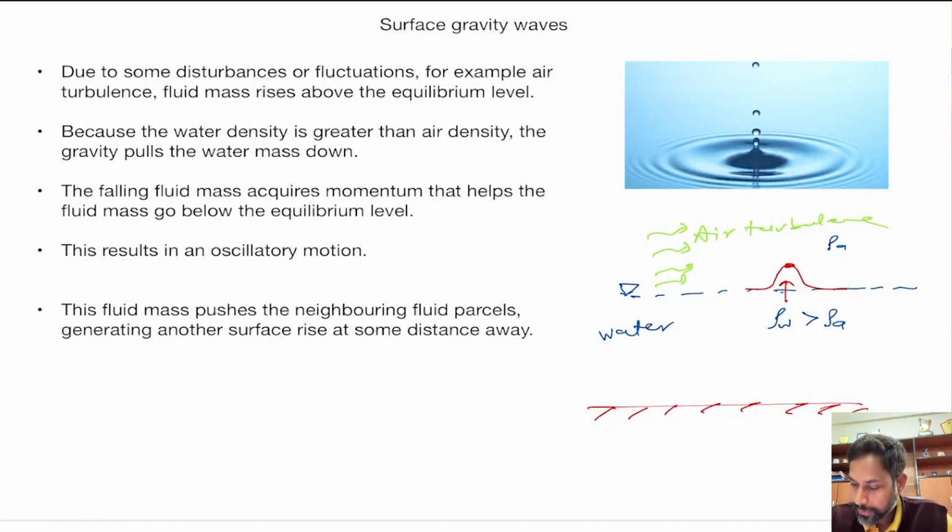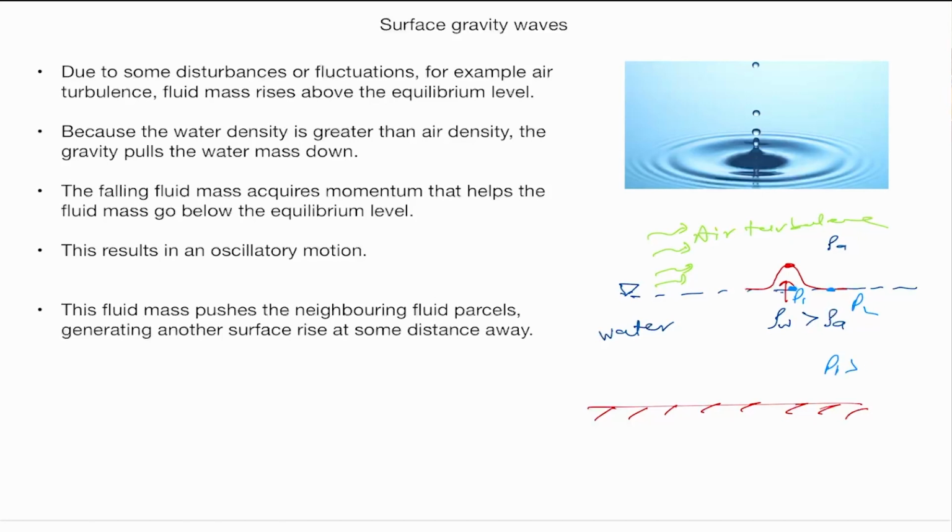So now this higher density fluid has gone into a lower density medium, and that is why gravity will try to pull this risen fluid back to the water surface level, right? And because of that, there is some sort of delta p. So let's say this is p1, this is p2, so p1 here has become greater than p2, right? So now there is some sort of fluid motion that is getting created.